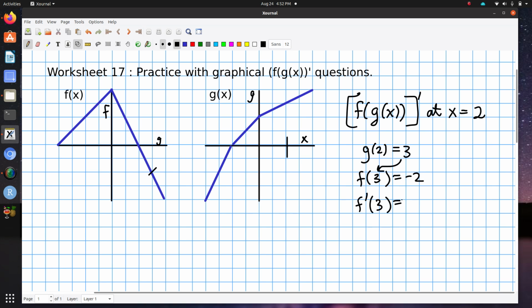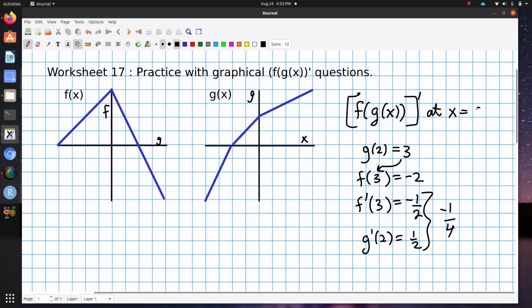And the derivative there is negative 1/2. And we need the derivative where we started, g prime at 2, and that derivative is 1/2. So that's negative 1/4. Okay? We shouldn't be that shocked because we were working with the same two pieces of function.